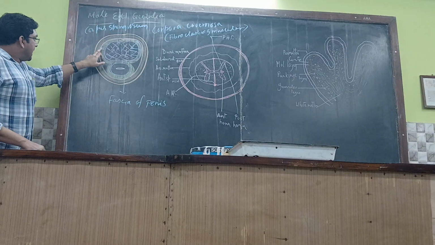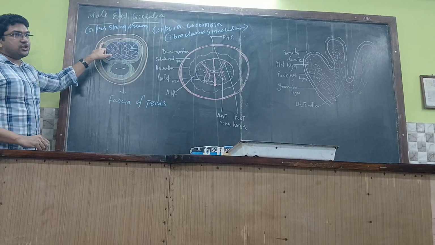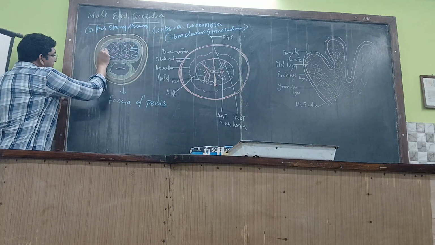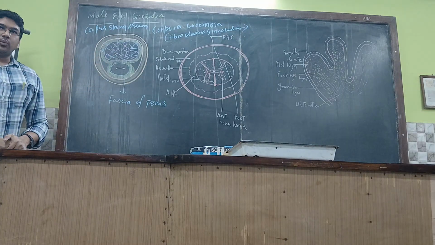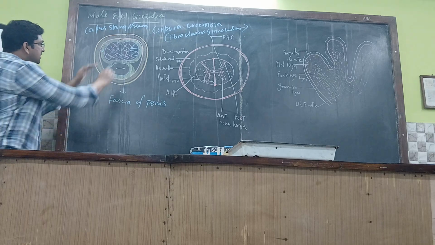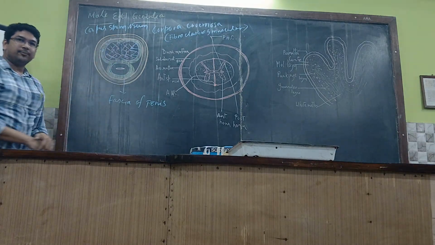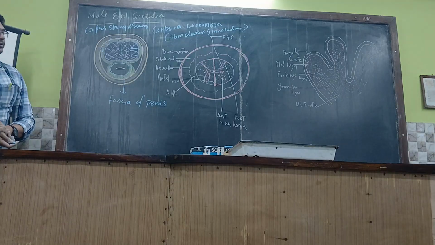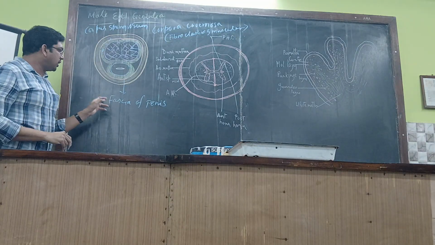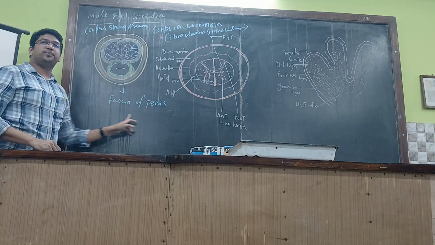Above that, there will be areolar tissue. This is a much thicker connective tissue, a fibrous structure that will be holding all these three. And above that will be moderately thick connective tissue, made up of fibrous tissue and of course elastic tissue also, which is called the fascia of penis.